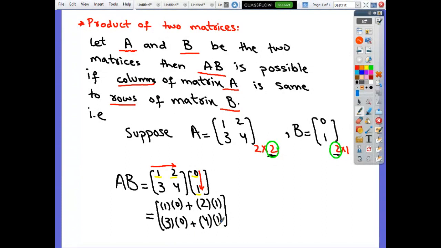Now simplify it. After simplification we get 0 plus 2 and 0 plus 4, which becomes 2, 4, which is the product of matrix A and matrix B.